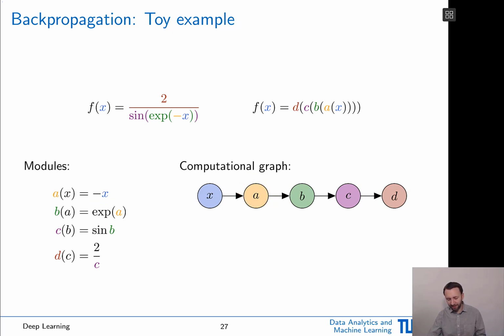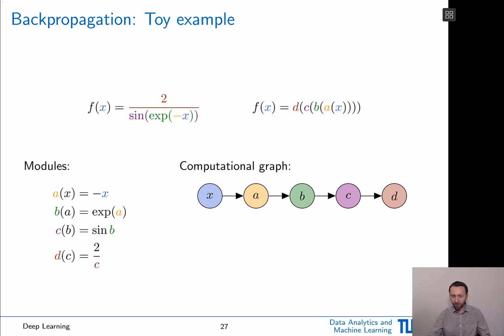And this minus x is then the output, which is forwarded to the next module, the function b, and b applies exp to what it receives. It gets some output, and this output becomes the input for the next function, and so on and so forth, right? So here you see the input, and here are the functions we are applying.